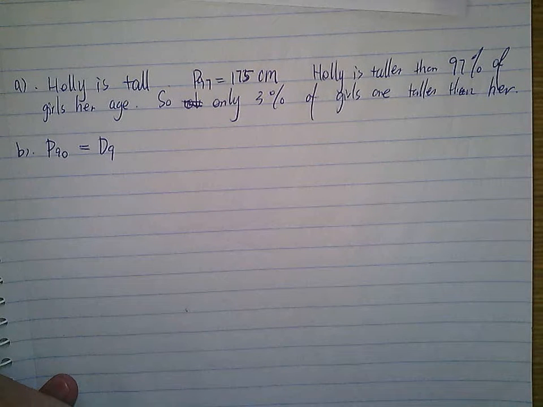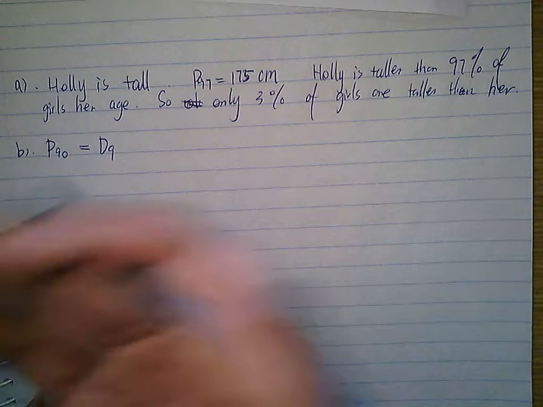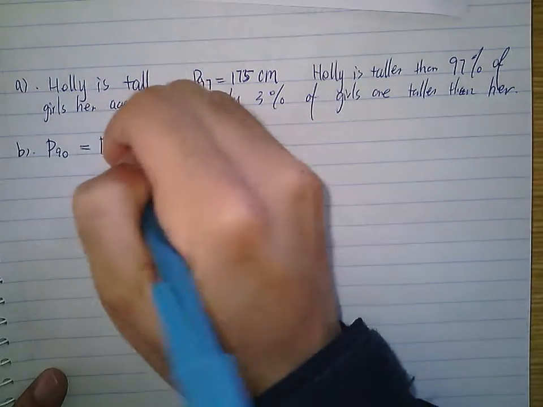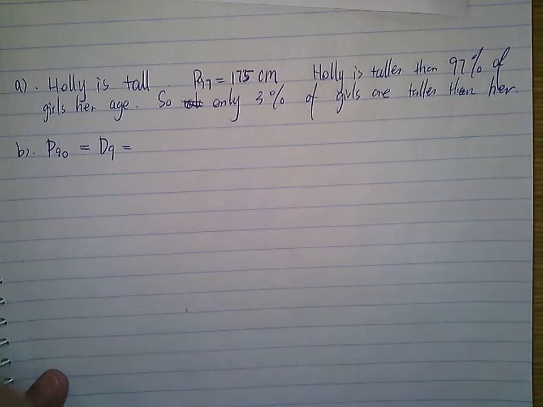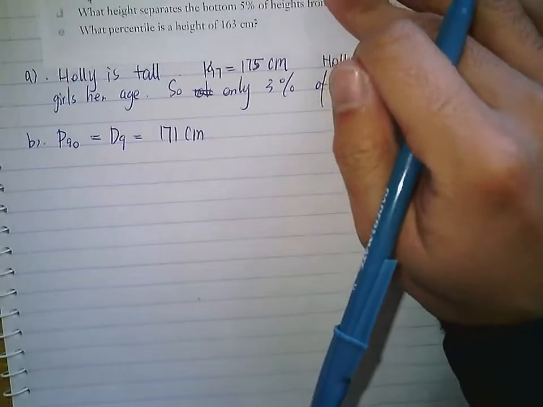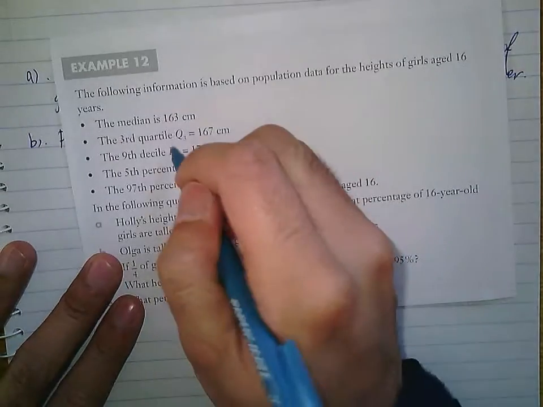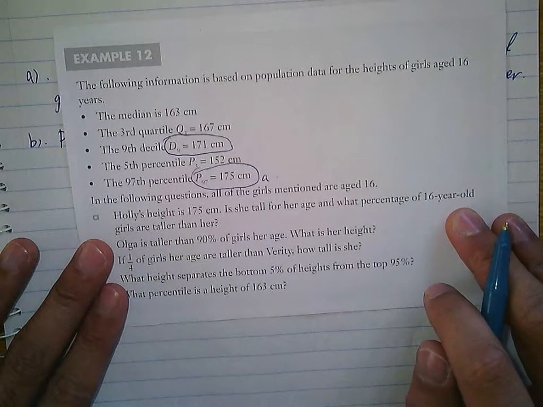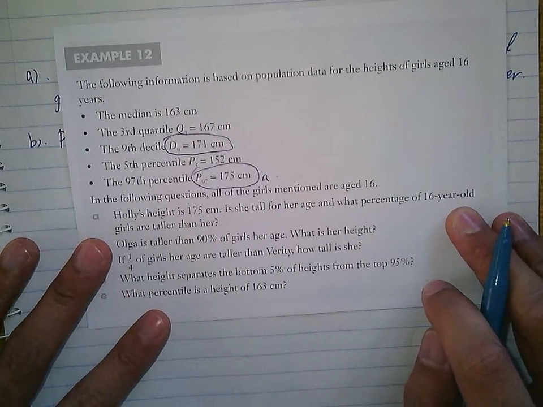Because remember, D separates every 1/10, P separates every 1/100. So what we're looking for is 171 centimeters, which is given in the question as D9. The question didn't give us P90, but it's exactly the same as D9.